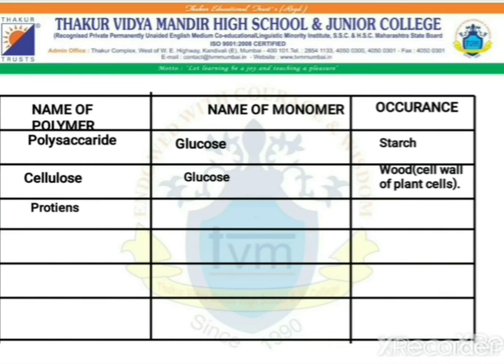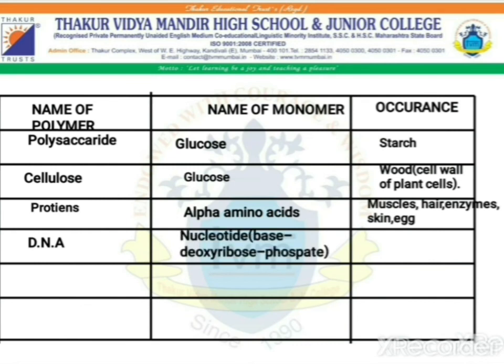The next is proteins, a well-known polymer which is formed from a monomer, that is alpha amino acids, and which we get from muscles, hair, enzymes, skin and egg. The next is DNA, that is deoxyribonucleic acid. The monomer for that is nucleotide based deoxyribose phosphate.